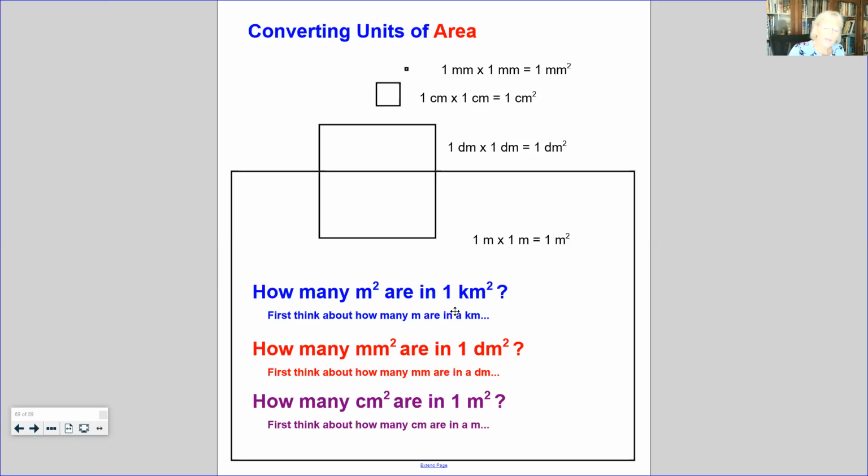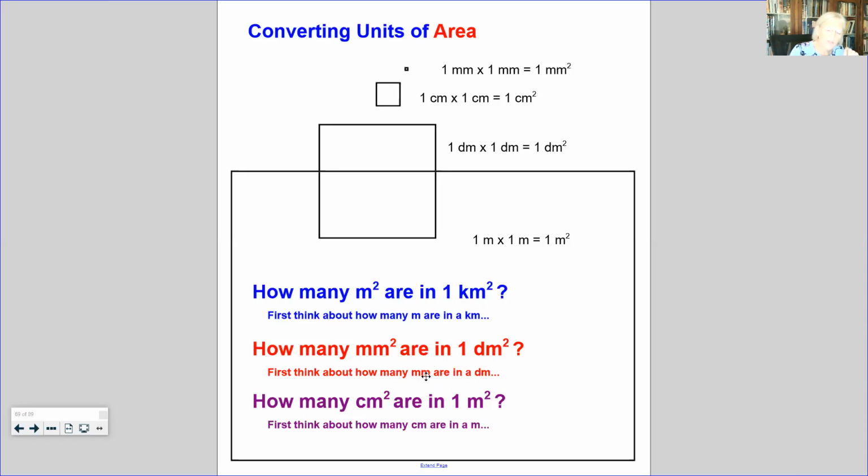How many square millimeters are in a square decimeter? Well, first I go down to 1 dimension in my head and get that straight. I know a decimeter is 1/10 of a meter, which means it's 10 centimeters.